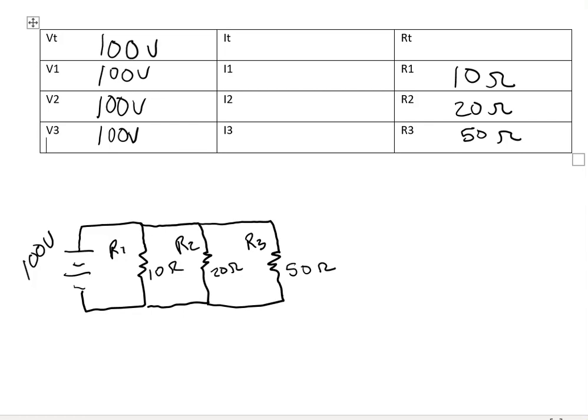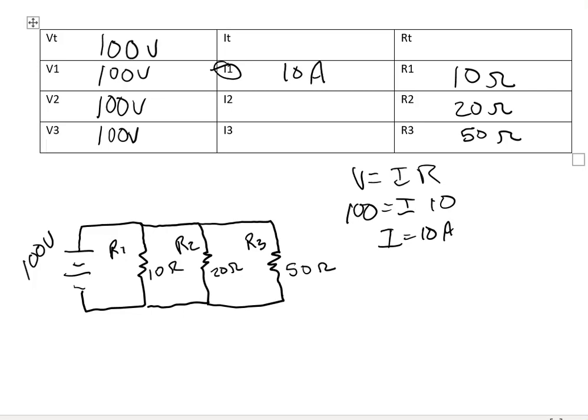What we do from here then is, whenever we have two, I keep telling you, you can always solve for the third. So to find I1, I'm going to use V equals I times R. In this case, the voltage 100 equals I times 10. Well, I has to be 10 amps. In the next one, for I2, it's 100 equals I times 20.